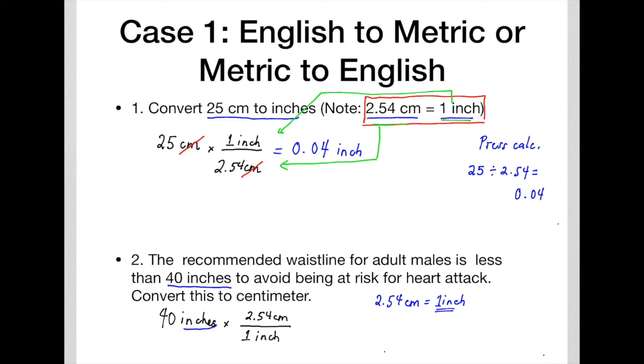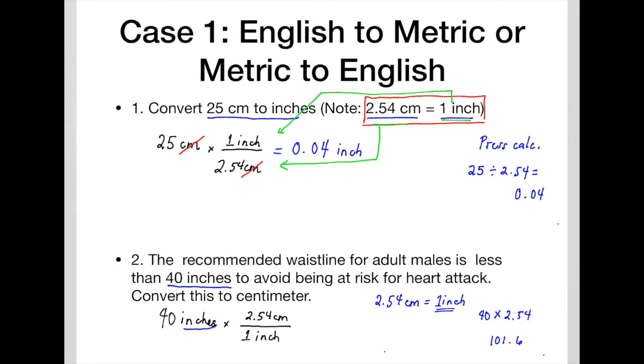What will I press in my calculator? That is simply 40 times 2.54, and that is equal to 101.6.